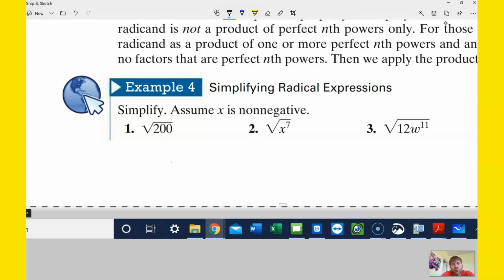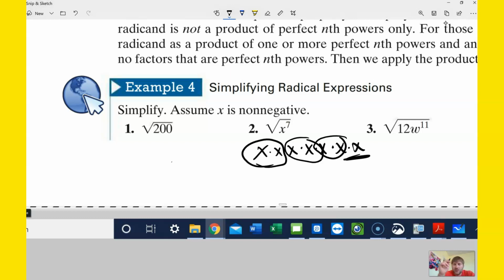Let me show you the long way to do it, and then I'll show you the short way. X to the 7th is the same thing as x times x times x times x times x times x times x. I think that's 7 of them. So since our index is 2, a square root, we're looking for 2 of the same kind. So that's a pair of x's, that's a pair of x's, that's a pair of x's, and that one extra x is left underneath.